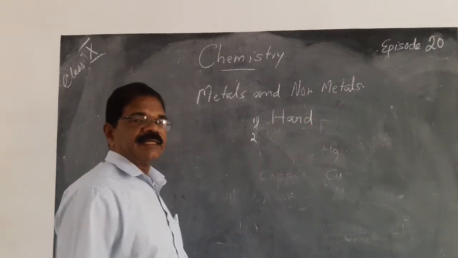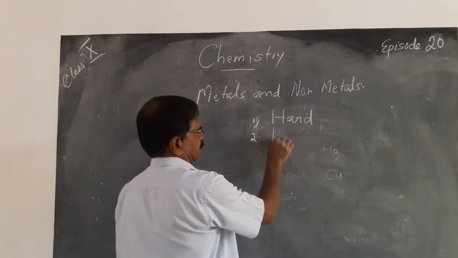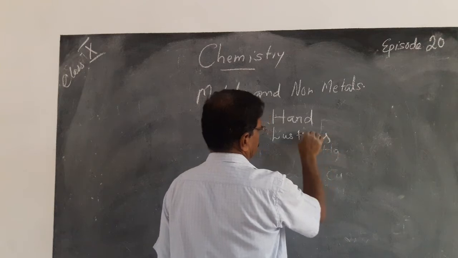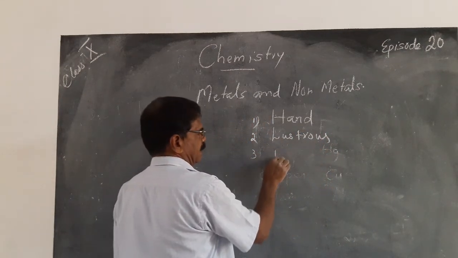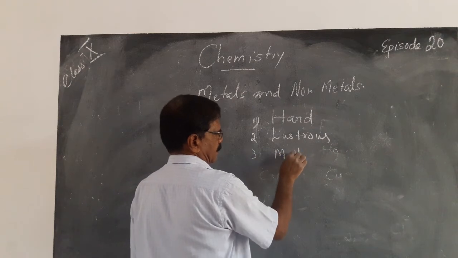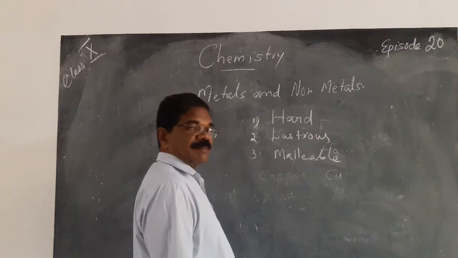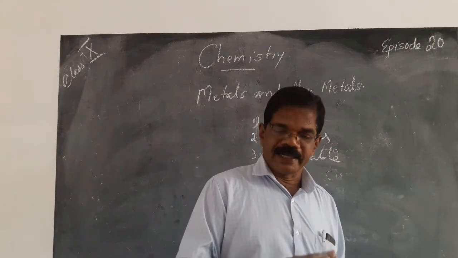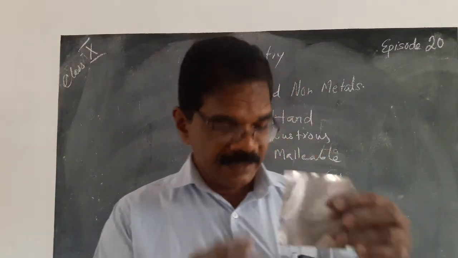Second, the shiny appearance of metals is called lustrous. Third, they are malleable. What is malleable? Do not confuse malleable and ductile. Malleable means beaten into thin sheets.